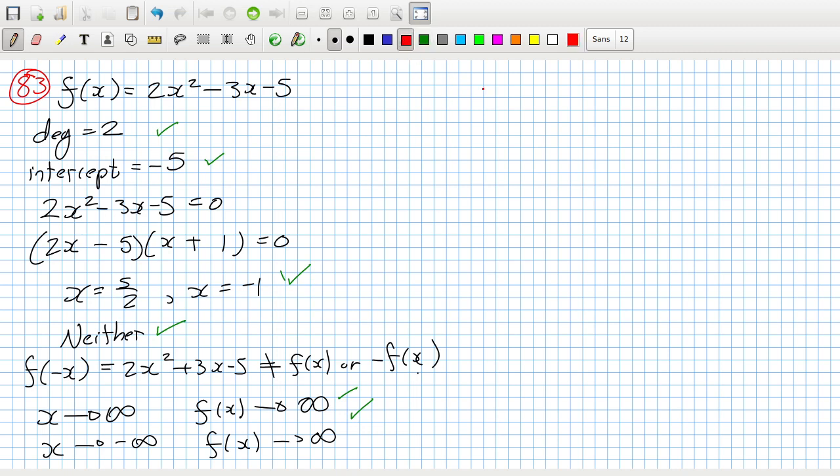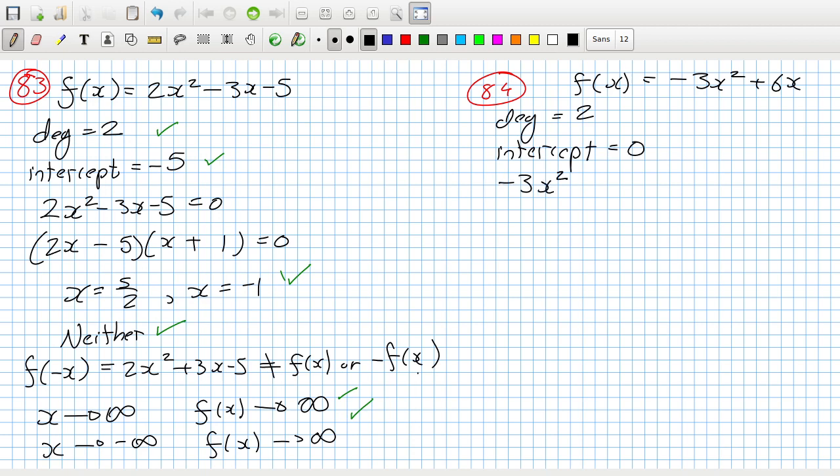Okay, let's have a look now at 84. So f(x) equals minus 3x squared plus 6x. So the degree is 2. The intercept, that's 0. Let's get the zeros now. Minus 3x squared plus 6x equals 0.